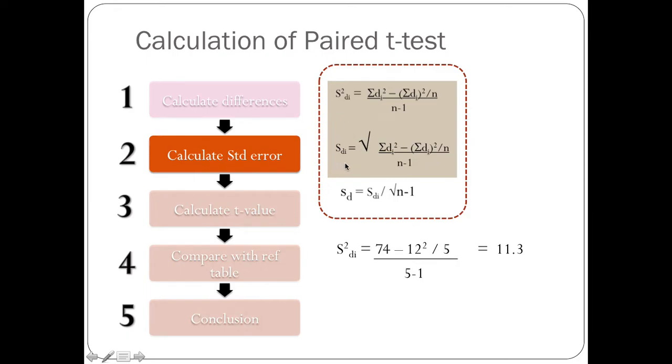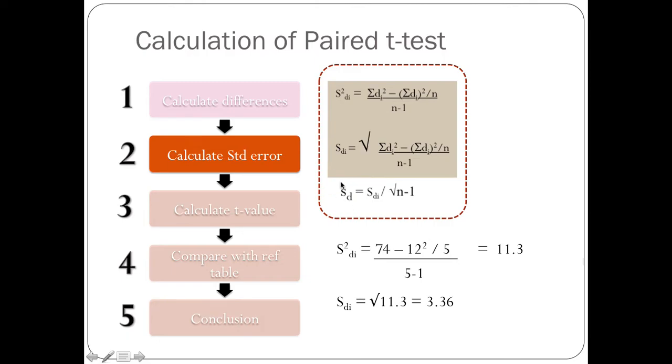Now let's move into the second formula. As you can notice, the standard error is in square, so now we need to unsquare it. How to unsquare it? There's a square root over here. So the square root of 11.3 gives 3.36.